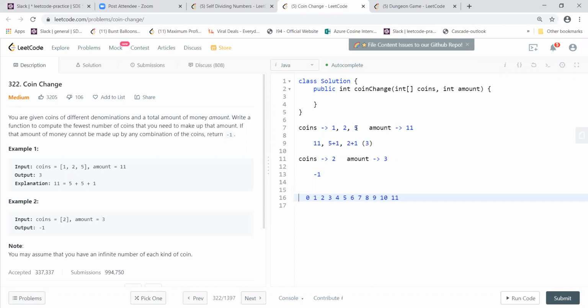So these are the indexes of this array, and I have all zeros over here. So I initialize the whole array with zeros first.